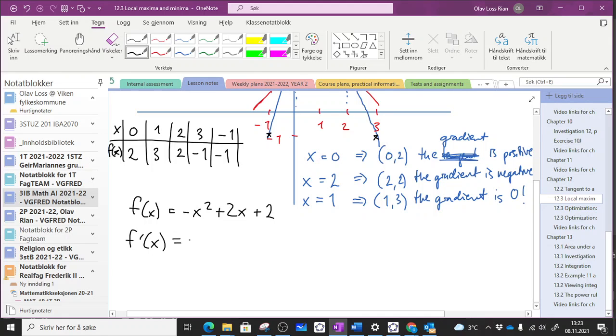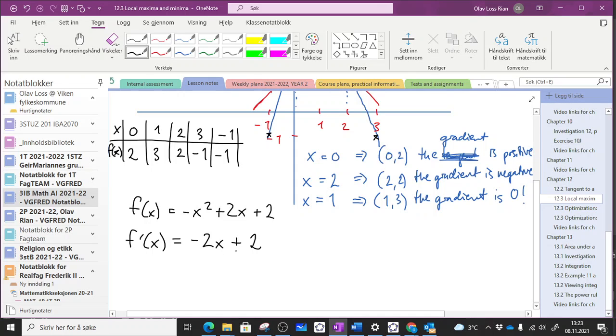So the derivative of this function is going to be, okay, 2 multiplied with minus 1, so that's minus 2x. And we reduce the power by 1. And the next term, we differentiate 2x, that's going to be 2. And the last term is going to be 0.